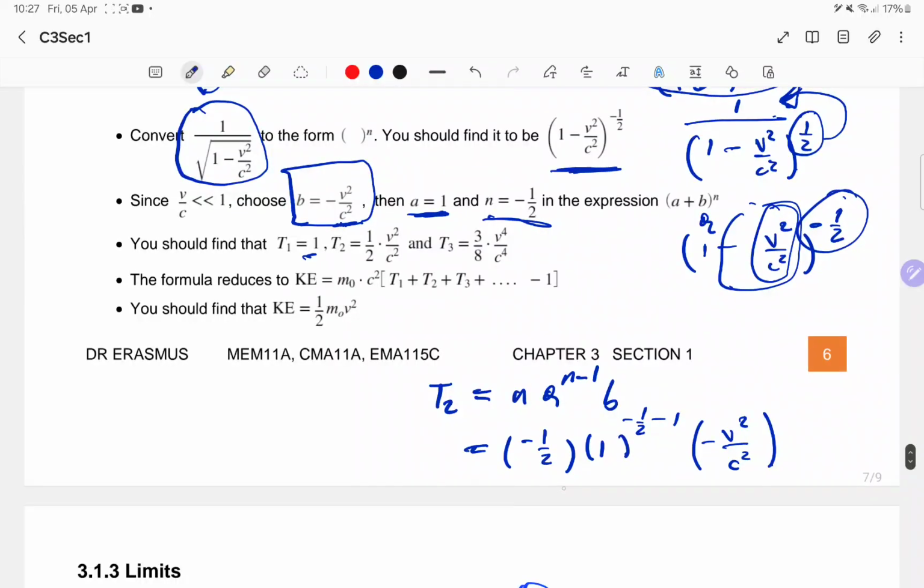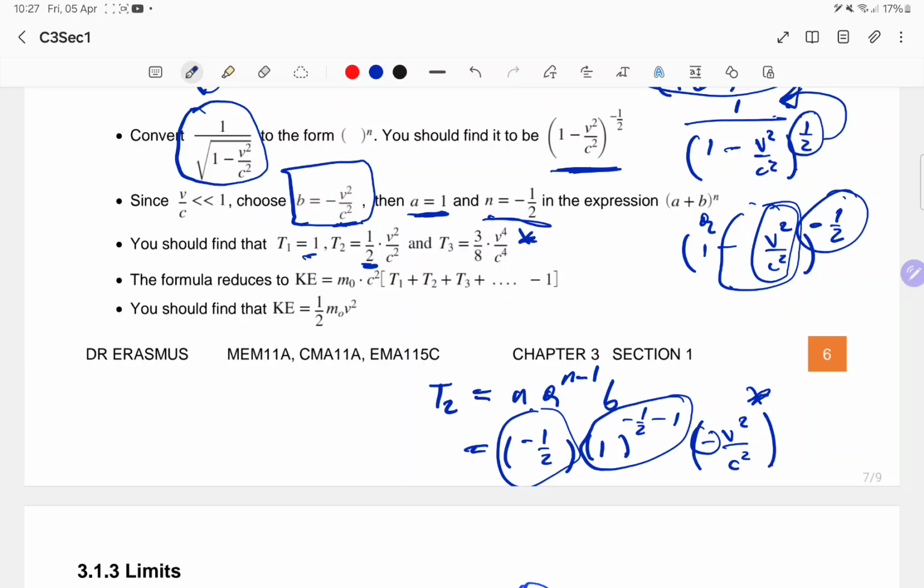So you have minus half times this negative, giving us positive half, and we have v squared divided by c squared. This is our second term. Working out your third term, you're going to have this.